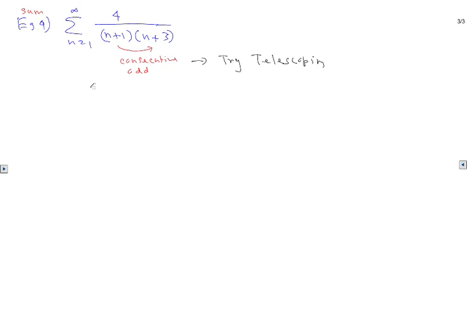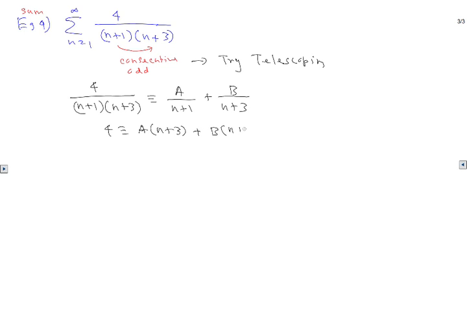So we can write this one as 4 over n plus 1, n plus 3, identical to a over n plus 1 plus b over n plus 3, and then if you multiply by the denominators, you're going to get 4 identical to a times n plus 3 plus b times n plus 1.